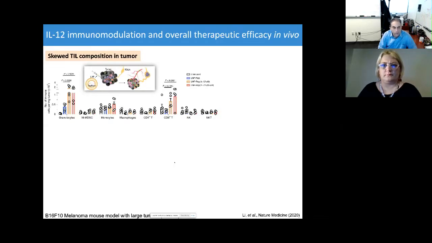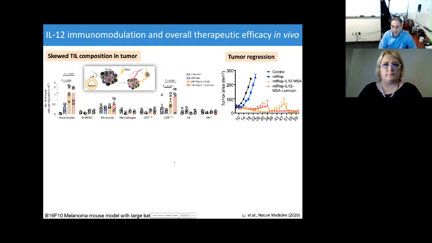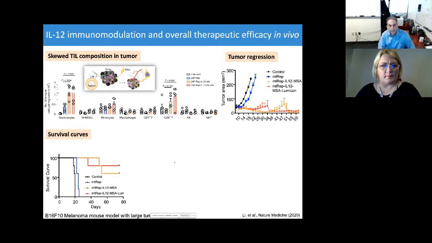And so we're able to really re-engineer the tumor microenvironment to have the appropriate immune cell types. And that indeed results in significant tumor regression. It results in significant survival of mice that had very large tumors.